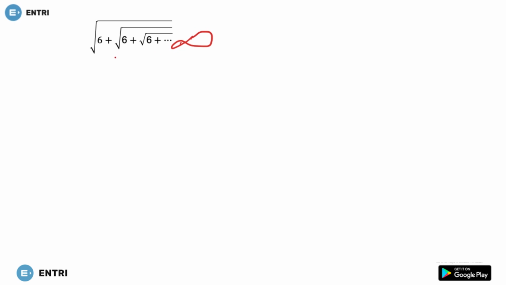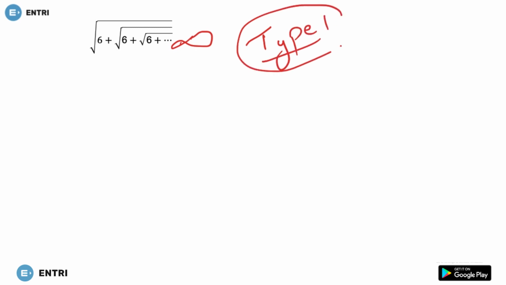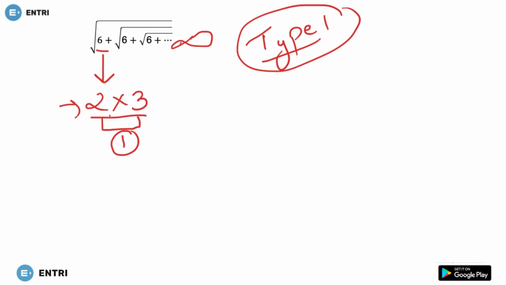See, whenever you find this type of question, we will be considering it as type 1. These are the type 1 questions where you will see that here the number is 6, and if I break it, I'll break it into 2 cross 3. That means there's just a difference of 1 here. So for all the questions where you get factors in such a way that their difference is 1, you have to do nothing.